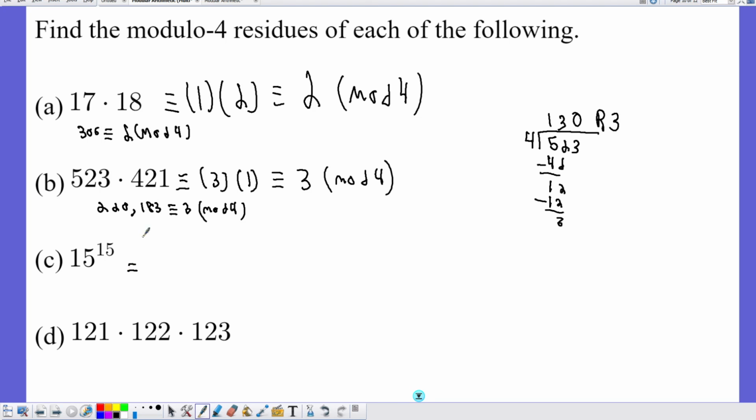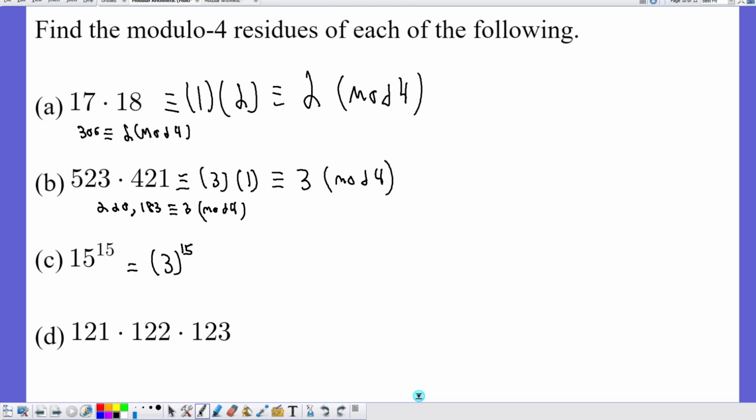So we could do 3 raised to the 15th power. And that's okay. But 3 to the 15th power, it's a little much to deal with.